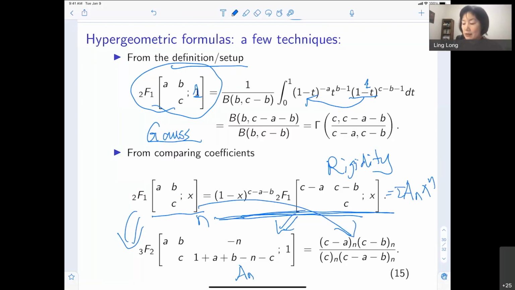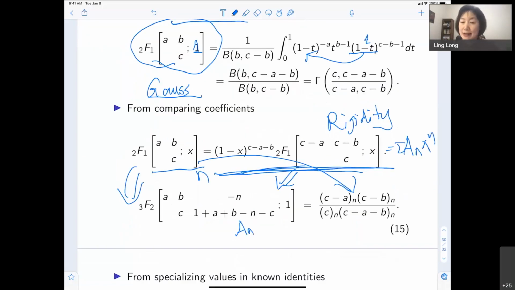So then you get to the next formula, called the Pfaff-Saalschütz formula. Again, it looks very innocent. However, this is a very useful evaluation formula, allowing you to derive more and more identities. So these are the basic building blocks you can use to derive many, many more wonderful identities, all right?